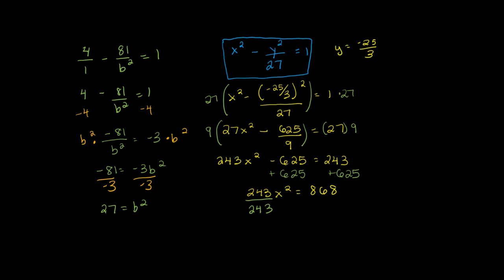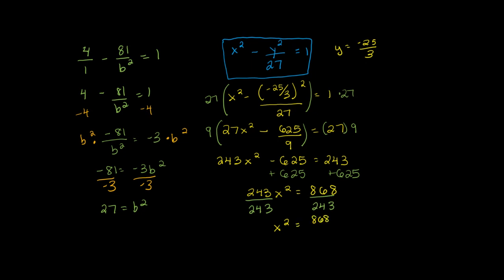You divide both sides by 243. Yeah, this is going to give us a fraction. I'm going to just round it to, well, I don't want to round too much.